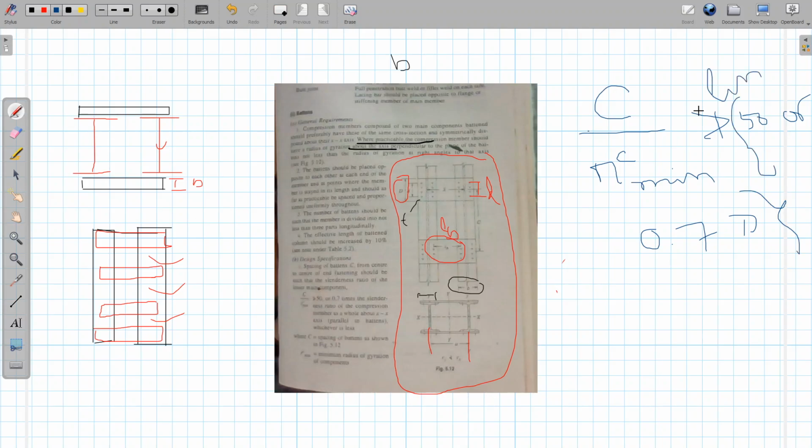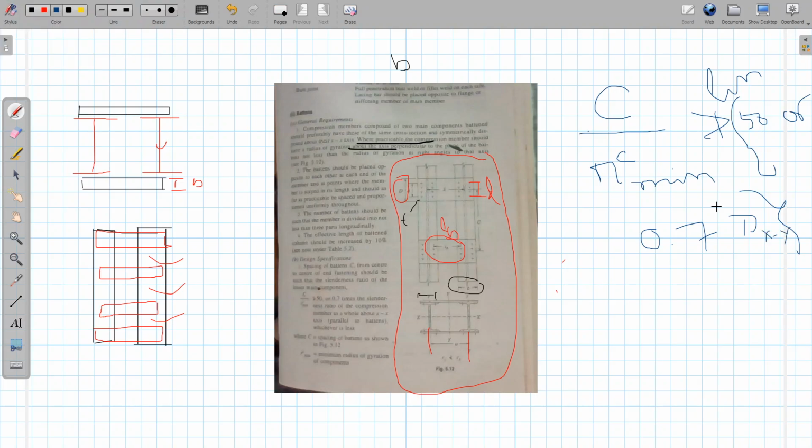So the codebook is saying that the center to center spacing of the batten should be such that C divided by RC minimum should not be more than 50 or 0.7 times the slenderness ratio of the compression member as a whole about the x-axis, that is parallel to the battens, whichever is minimum.